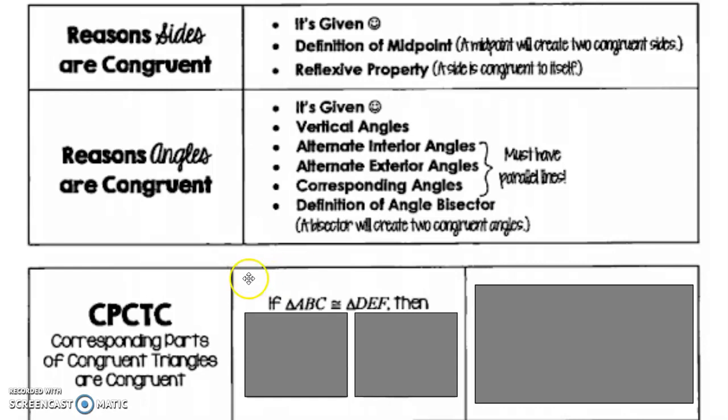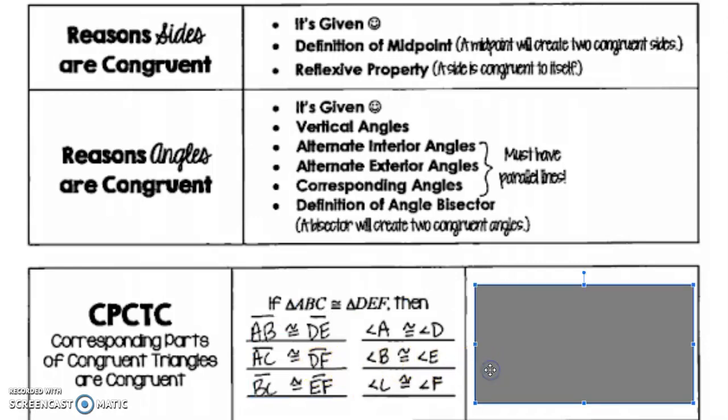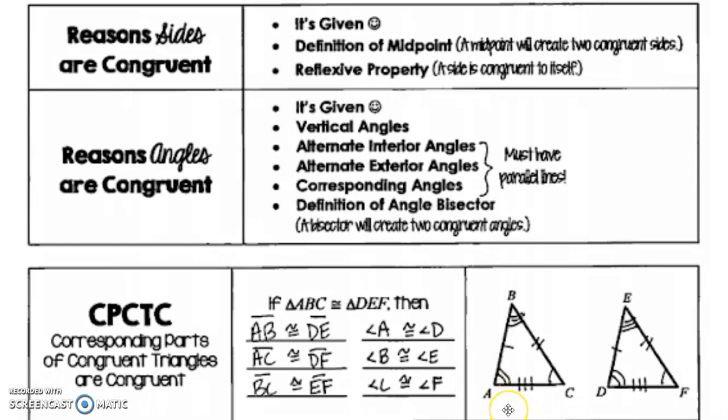The other thing that we are going to look at with this unit is called CPCTC. Again, it's just a shorthand. What that means is that corresponding parts of congruent triangles are congruent. That's what we looked at last class. So if we have triangle ABC congruent to triangle DEF, then we can say all of these congruencies based off of our picture.